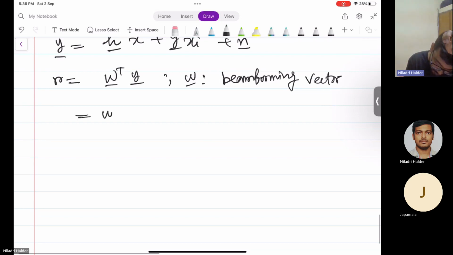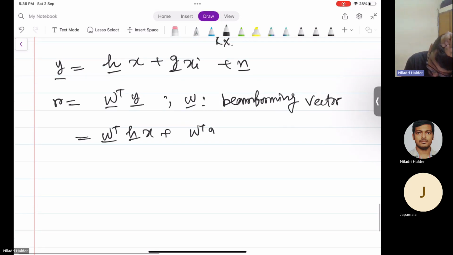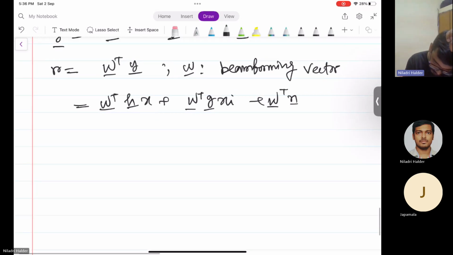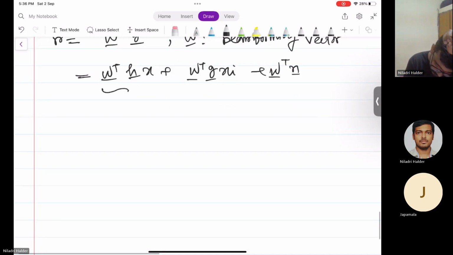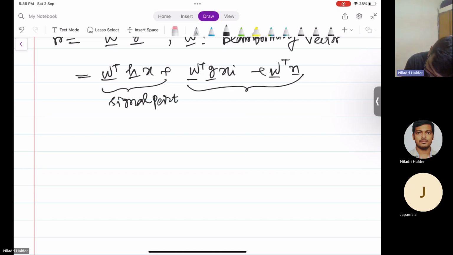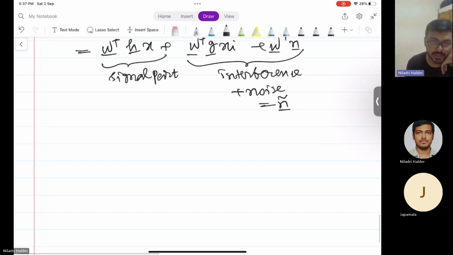So that is the same as W transpose H x plus W transpose G xi plus W transpose N. Okay, this is the signal part. This is the interference plus noise, equal to n tilde, let us say.